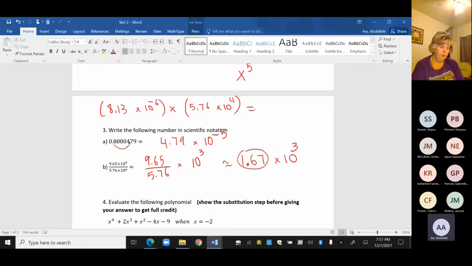This gives me 78.45. Times now, what power of 10 do we get when you combine these two powers? 10 to the -2. Exactly. Now look at my example. Is this in scientific notation?